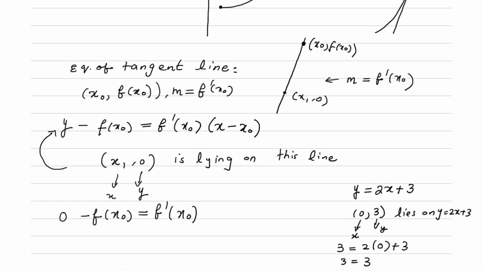We are not touching anything other than x, y. Just like when we made the point 0, 3 lie on this line, we kept 2 as it is, we kept 3 as it is, we kept plus as it is. The same way, we are changing y as 0 and x as x1, and we are keeping everything else the same.